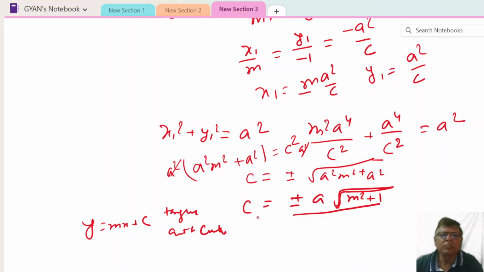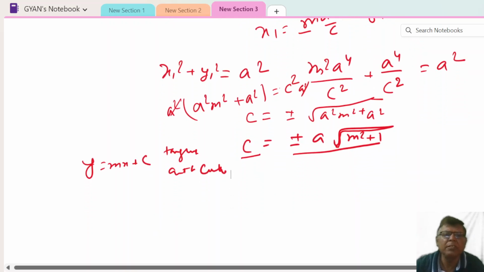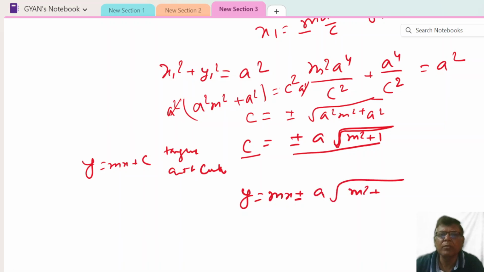Put the value of c here. So y is equal to mx plus minus a root over m square plus 1 will be the tangent on the circle.